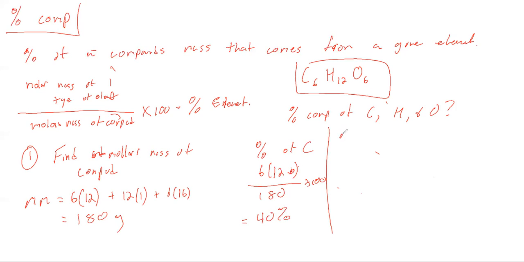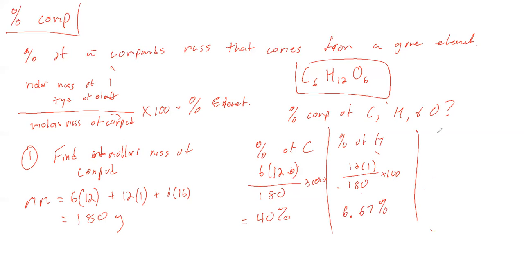If I wanted to look at the percent composition of hydrogen, I would take the molar mass of all of my hydrogens, which in this case is 12 of them. That would be 12 times 1 divided by 180 times 100. And I find that the percent composition of hydrogen is going to be about 6.67%.